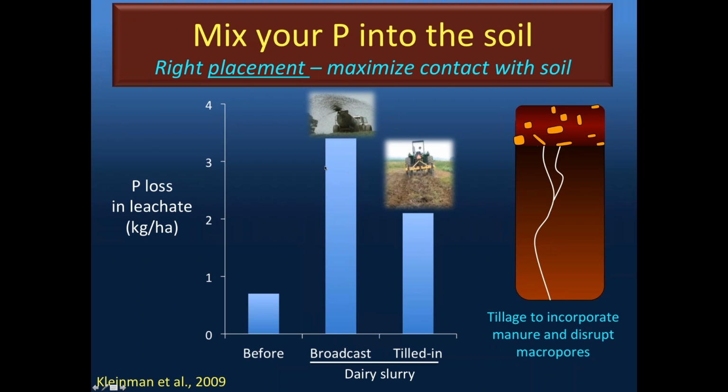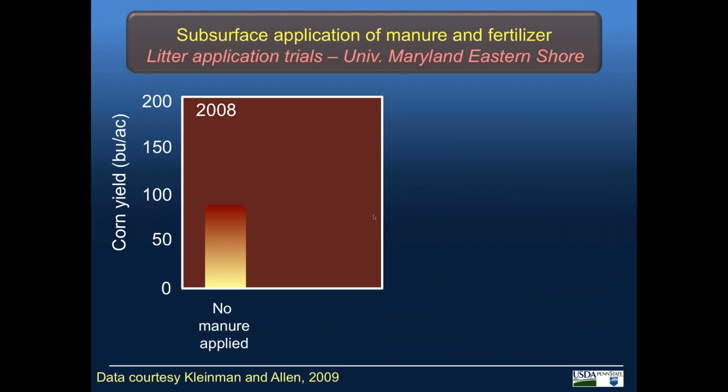And so when you look at the differences with the broadcast manure, when you applied manure, you increased the amount of phosphorus that you saw in leachate, but when you tilled it in, you had less than when you left it on the surface. And this is recently applied, but this shows, again, from an environmental standpoint, that tillage isn't necessarily a bad thing.